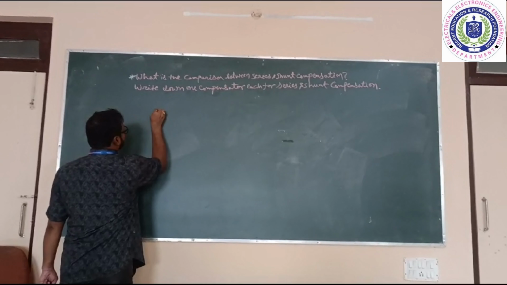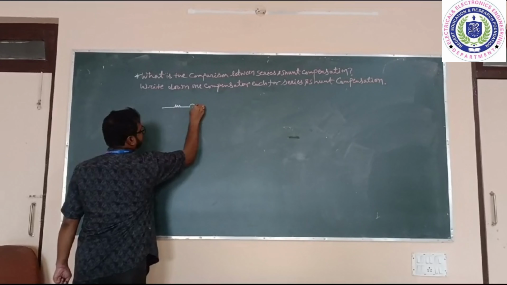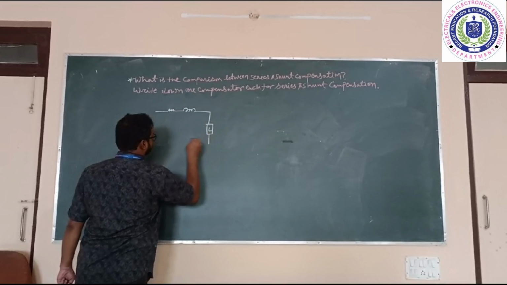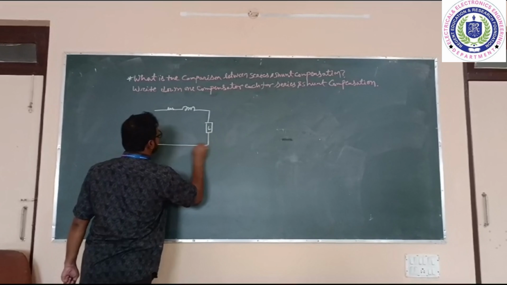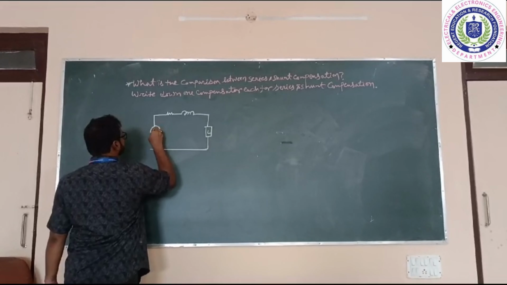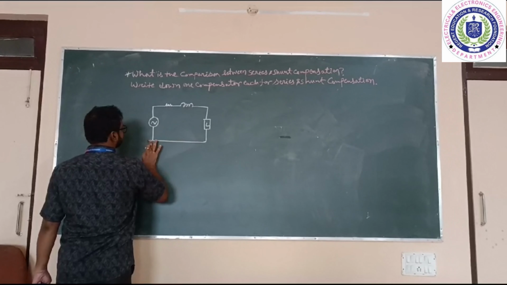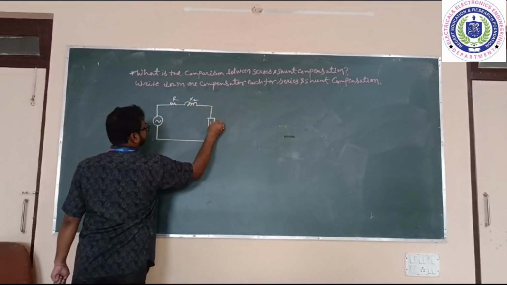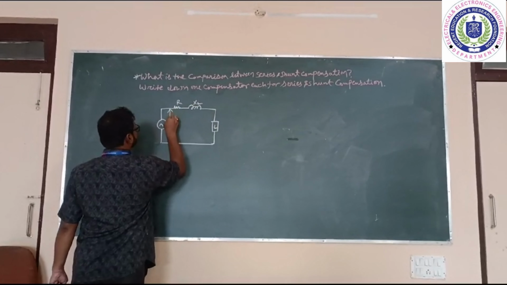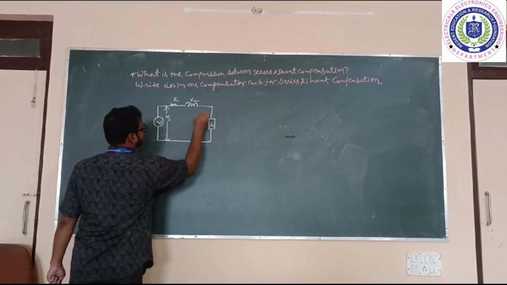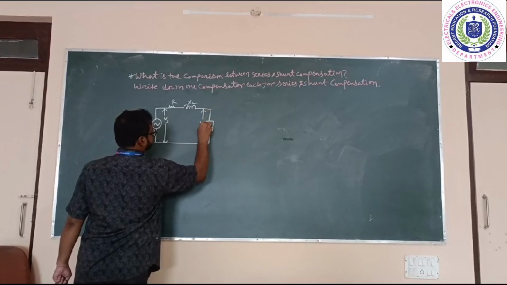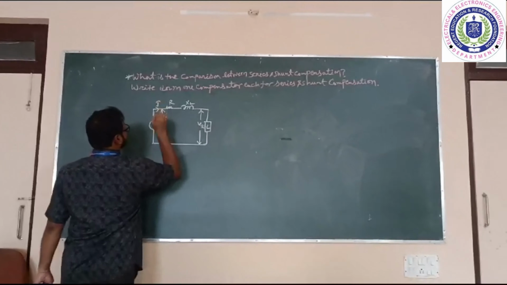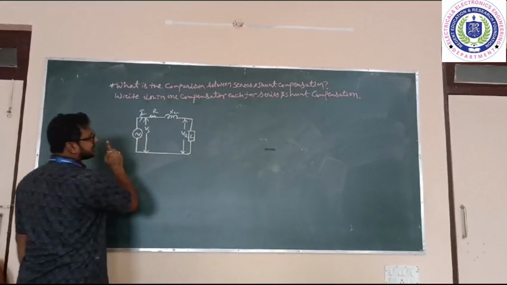So, this is the circuit diagram of an uncompensated line.